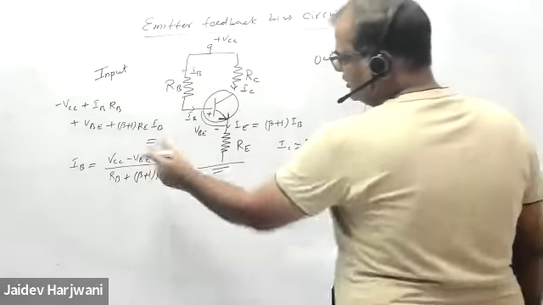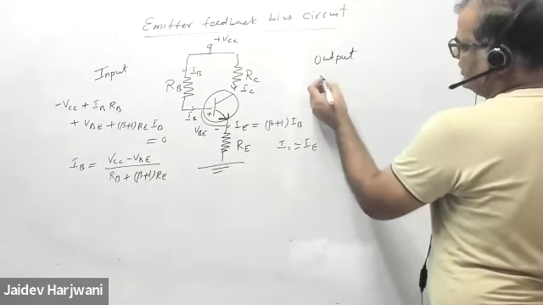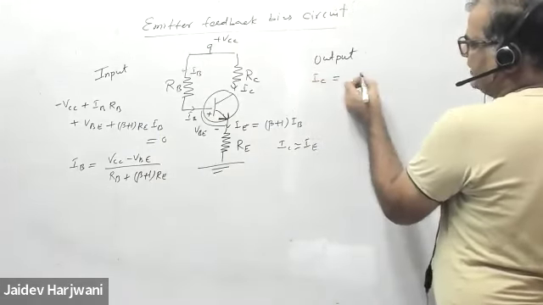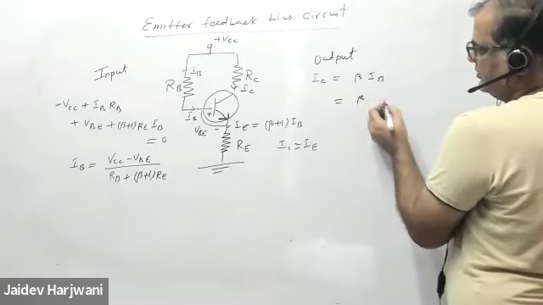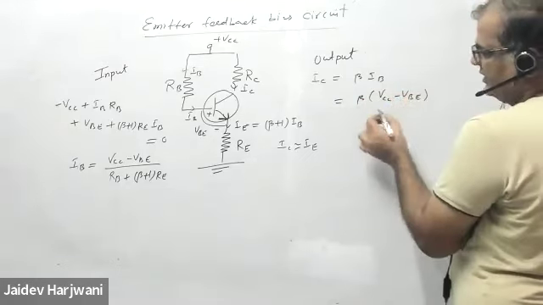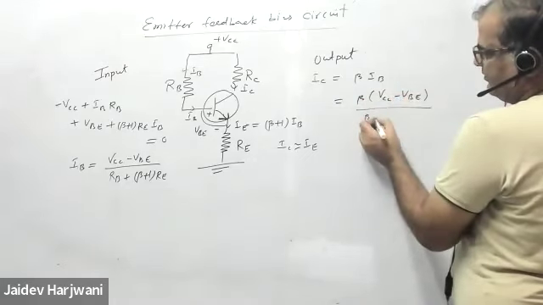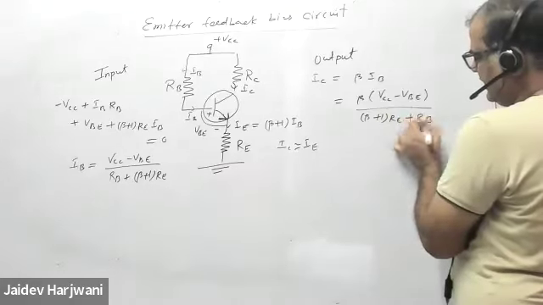So this is the input equation. Output equation is same. What is the output equation? IC will be your beta IB. So beta times VCC minus VBE upon RB plus beta plus 1 RE.